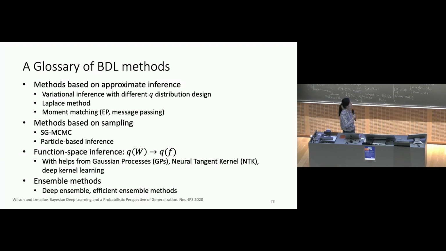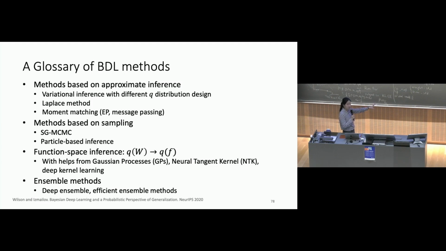So the third class, which is one of the things that we are very excited about, is called function-based inference, which really tries to think about how you can improve the uncertainty quality directly in the function output space. Because ultimately, what we care about is the uncertainty estimate in your output. We don't really care about the uncertainty estimate in your weights directly.